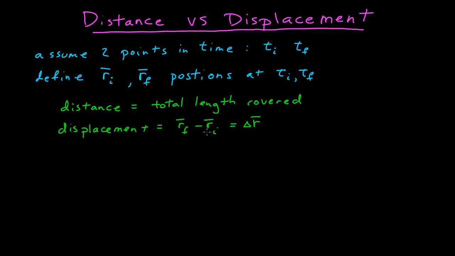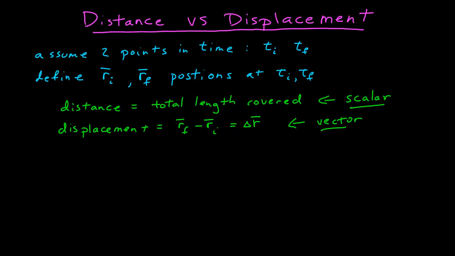So while distance is the total length covered or the total length traveled by the particle, the distance is a scalar. And the displacement, that is the difference between two vectors, it is also a vector. So that's the first clear distinction between a distance and a displacement. A distance is a scalar, while a displacement is a vector.